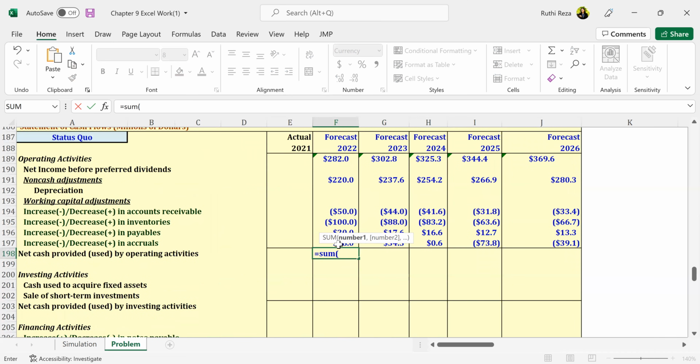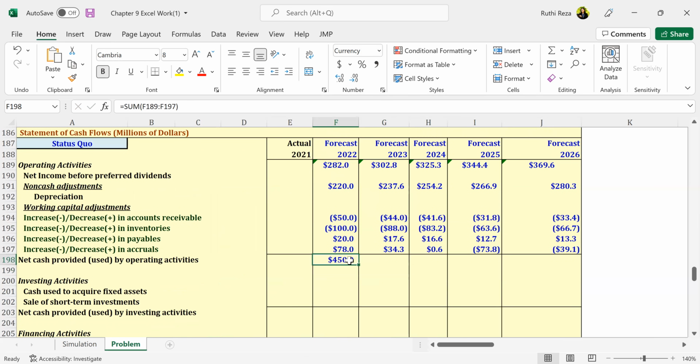and sum them up to get your net cash provided by operating activities. In this case, you can see here, for working capital adjustment, we considered only operating current assets and operating current liabilities. Don't consider any non-operating current liabilities and current assets. By non-operating current assets, we mean investment in short-term investments.